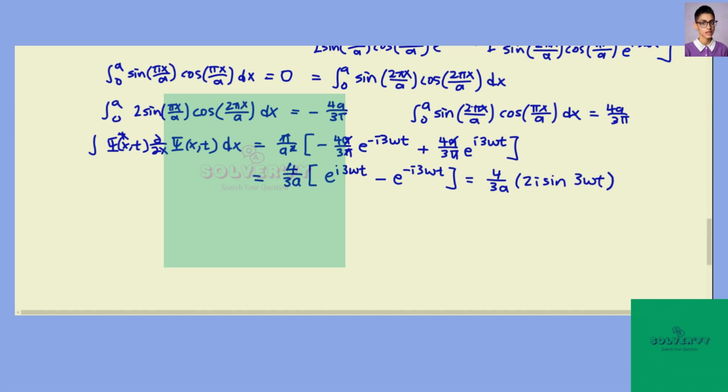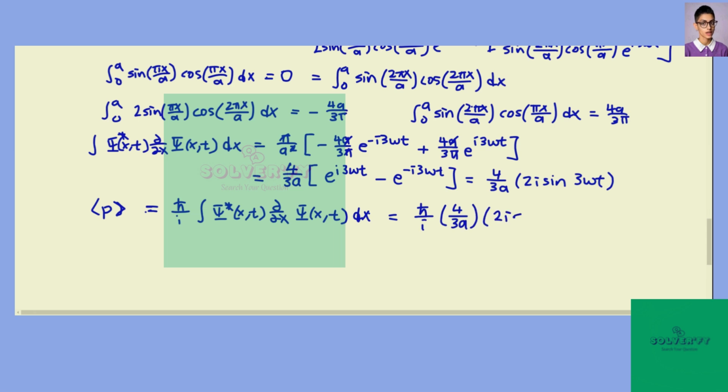Okay, and so the expectation value of p is equal to h bar over i times the integral of psi star of x and t, d/dx of psi of x and t, dx. So this is equal to h bar over i times 4 over 3a times 2i sine 3 omega t.